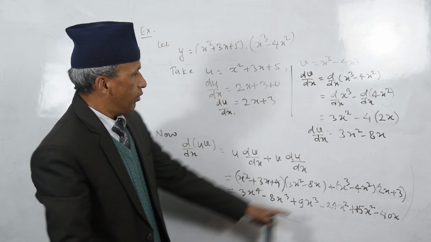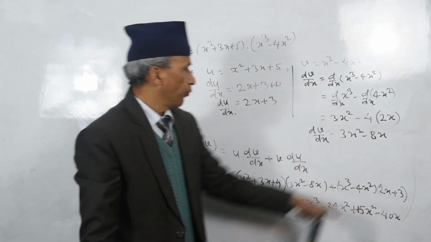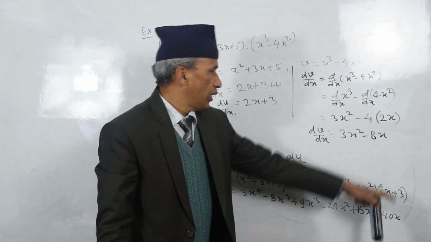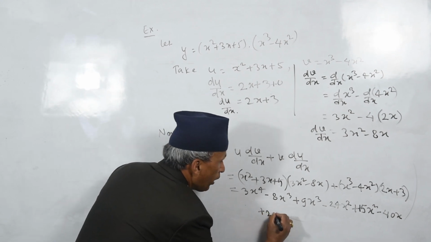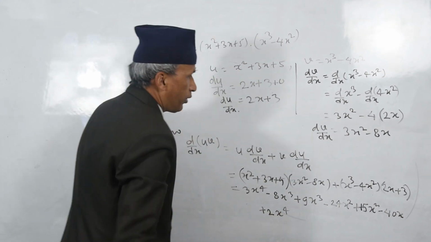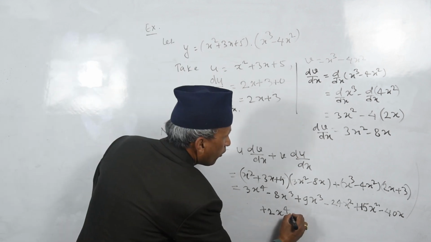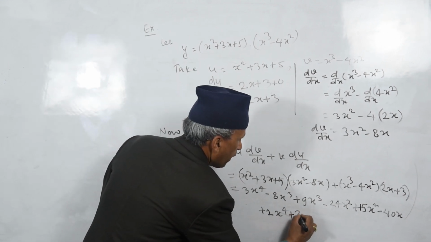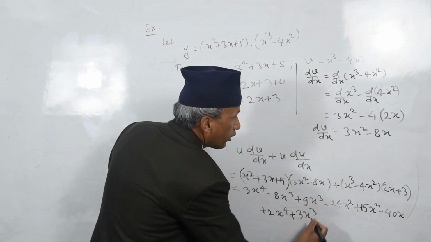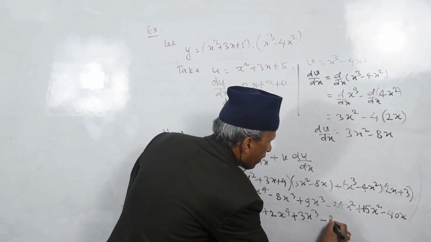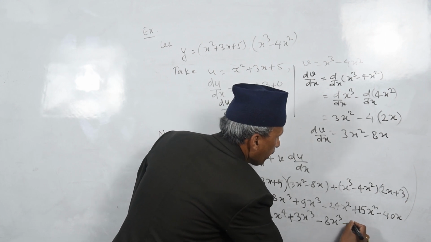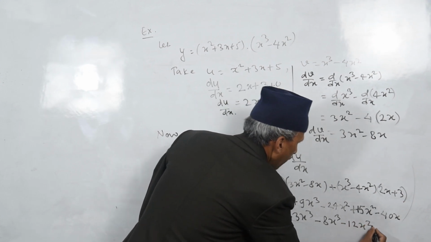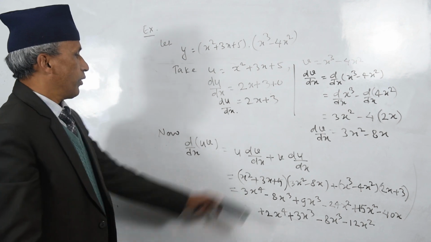Okay, now multiply these two. First multiply by x cube. What is the value? Plus 2x to the power 4 plus 3x cube minus 8x cube minus 12x square. So this is the value.